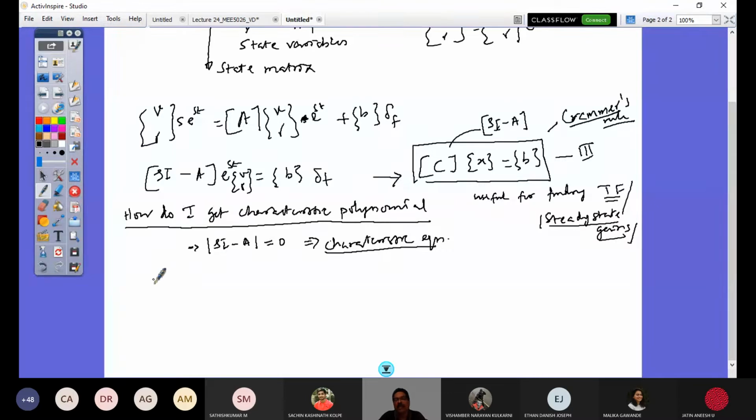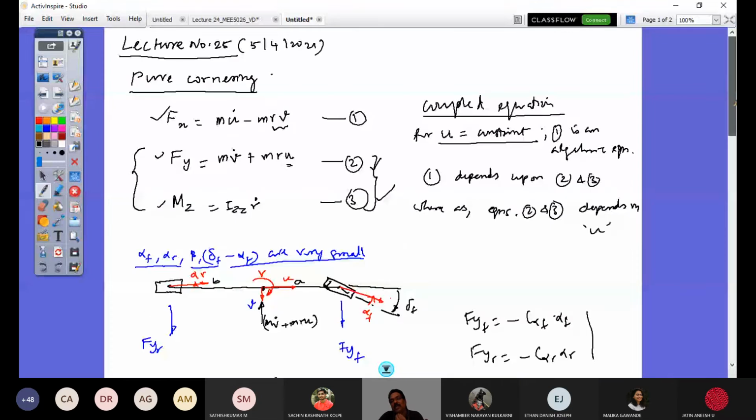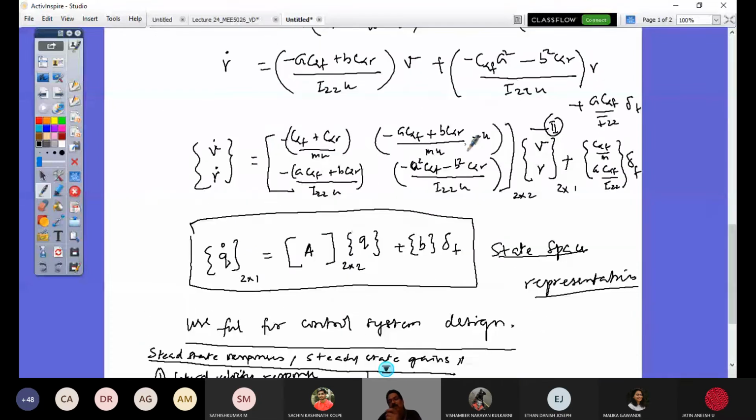Here we have our A matrix, a 2 by 2 A matrix. So sI minus A, where s is the Laplace variable: s 0, 0 s is the 2 by 2 sI. Let us work out that determinant.